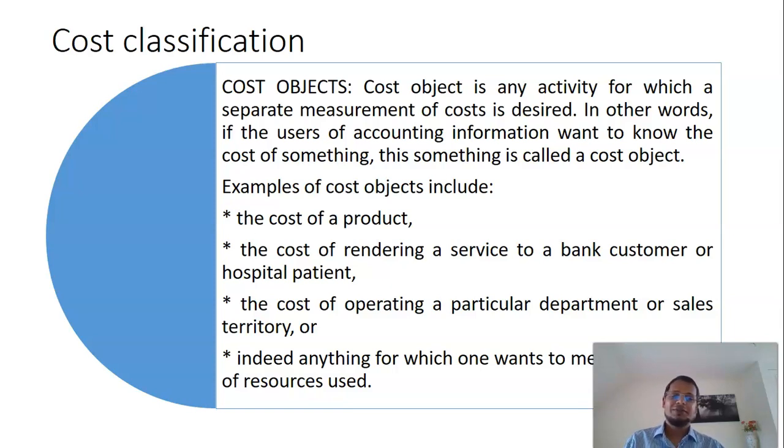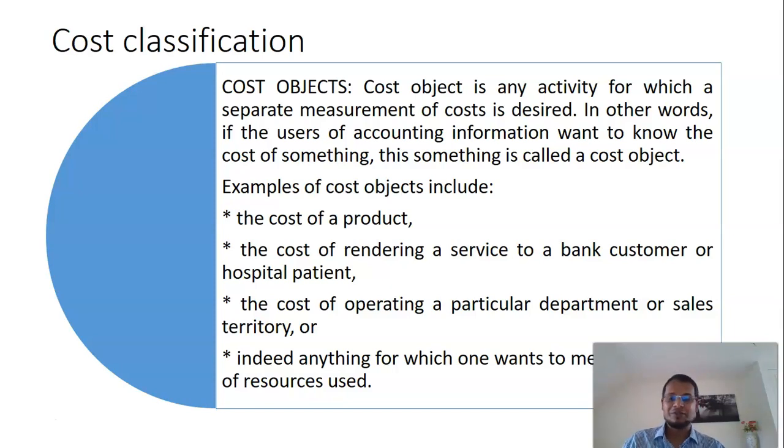Cost object can be recognized as an activity, a piece of work for which we can measure an amount of cost. A user of accounting information can identify where this particular amount of money has been used.